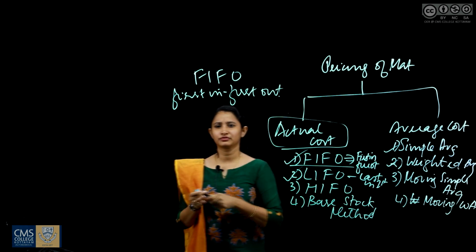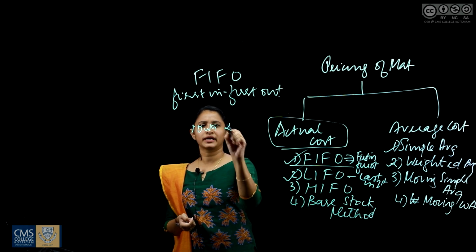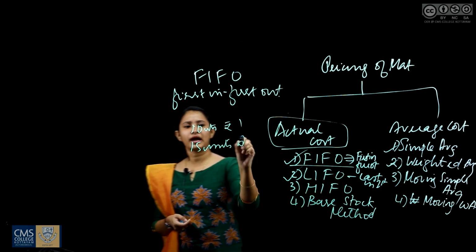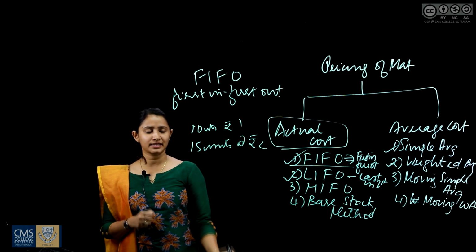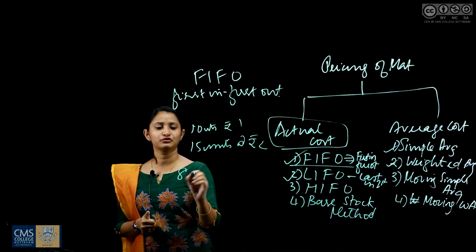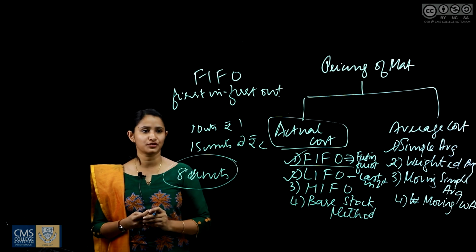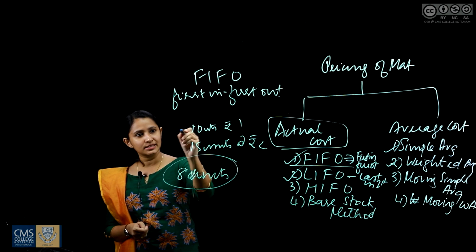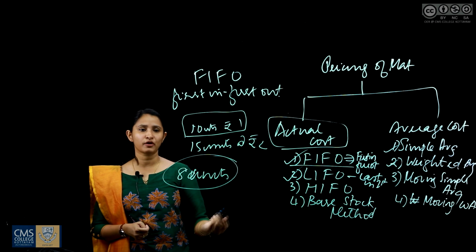So if you have 2 lots, in the first lot 10 units were bought at ₹1, and on the next day you're buying 15 units at ₹2. Then the first in first out method says that if your production department is asking you for 8 units, this is the lot which came in first, so this is the lot which should go out first.